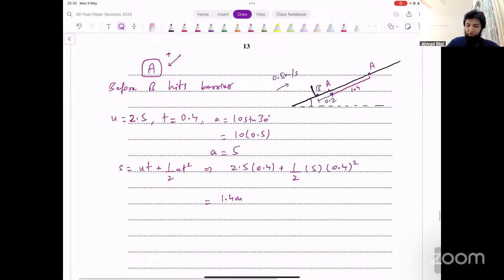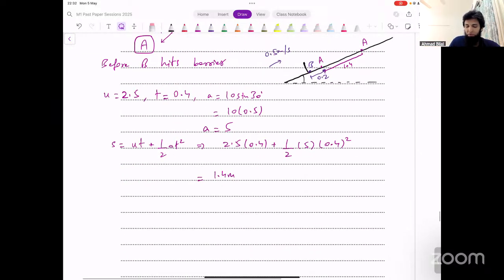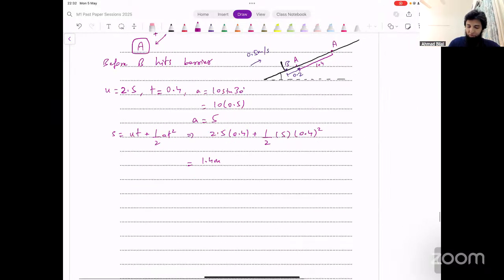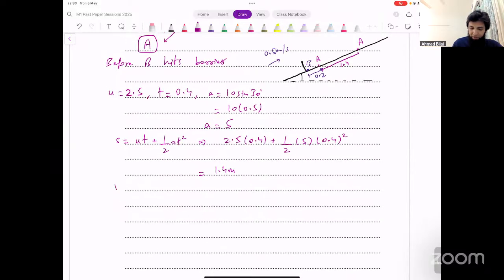What about the speed of A at this point? We would also have to find that now. From this point onward, let's find the speed of A. Can we find that? We can use V equals U plus AT. This is before it hits the barrier, right?